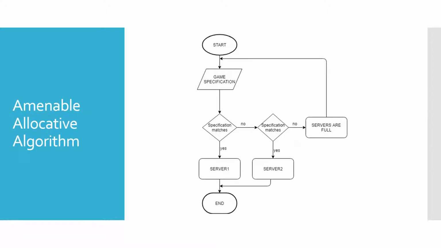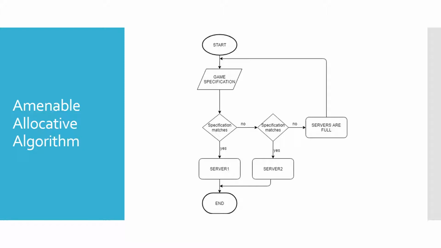It is a simple algorithm, and we have a generic flow chart of it where the game specification is read by the algorithm, and it checks whether the game specification is equal to or lesser than the GPU or gaming instance.